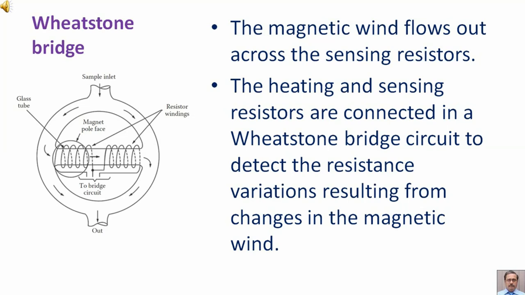The magnetic wind flows out across the sensing resistors. The heating and sensing resistors are connected in a Wheatstone bridge circuit to detect the resistance variations resulting from changes in magnetic wind.